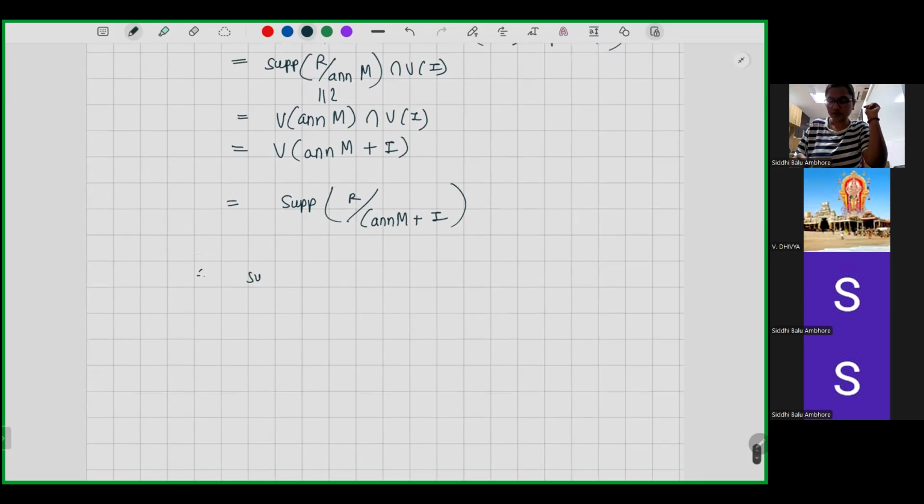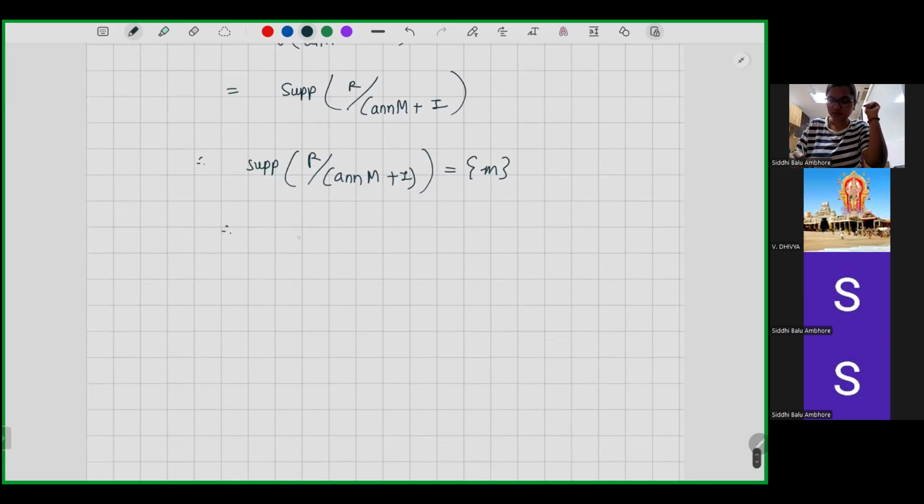So therefore, the support of this is actually m. So therefore, the radical of the annihilator of M plus I, that is the annihilator of M which we started with, plus this x1 to xs, which was my I, is m-primary.